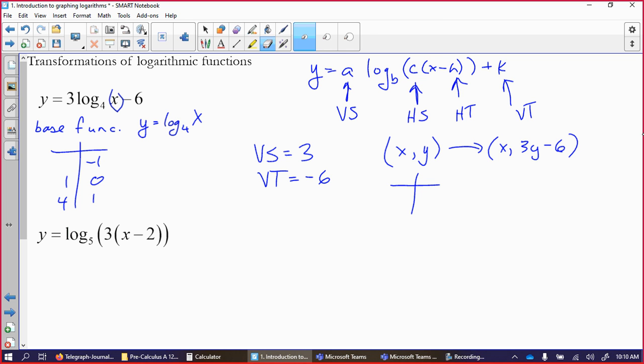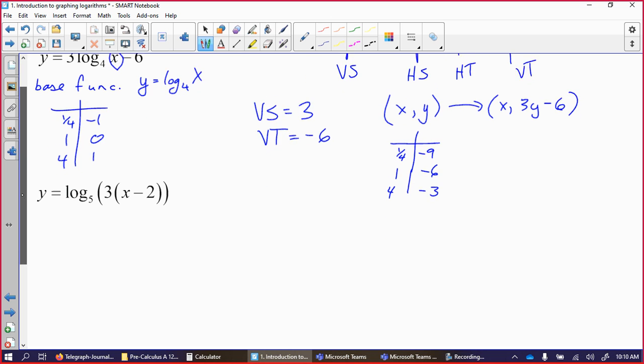Why didn't somebody say, McKay, you're dumb? Quarter. 3 times -1 is -3. Minus 6 is -9. That doesn't change. 3 times 0, so that's -6. That doesn't change. 3 times 1 is 3. Minus 6 is -3. And we can plot those points and do all of our stuff.